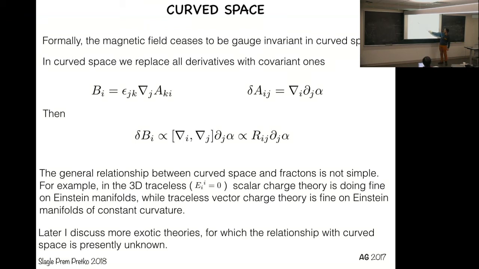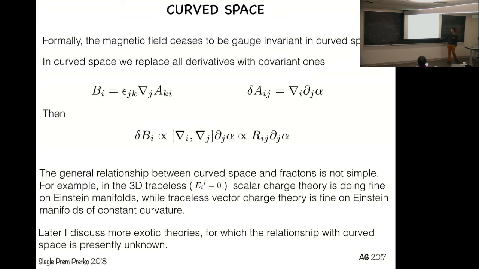I need to write a covariant derivative. I cannot just keep an ordinary derivative because A_ij is a tensor. And because of this, if I calculate the transformation of the magnetic field under the gauge transformation, I end up with a commutator of covariant derivatives. In flat space, the commutator of derivatives is 0, so the magnetic field is gauge invariant. But in curved space, the commutator of covariant derivatives is not 0, it's proportional to the curvature.